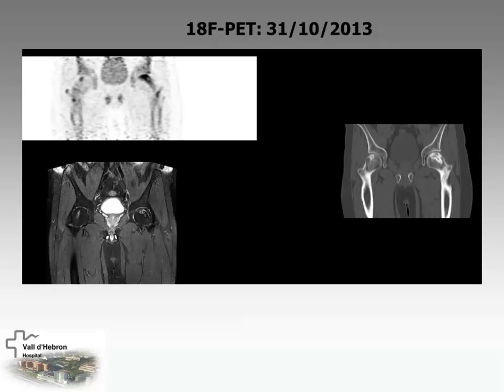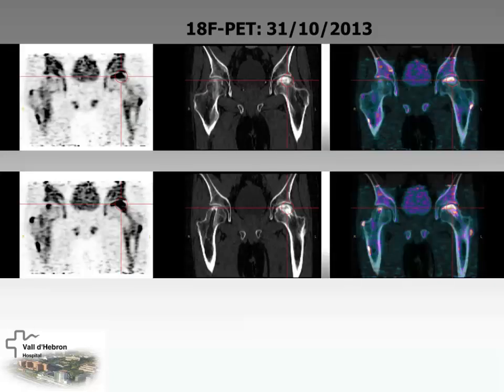Well, here you have a comparison in this image. You have the PET, the CT, and the MRI, and here you have the PET and the CT. And you can see very easily that the bone regeneration on the left hip with the stem cells is much bigger than on the right side, 1 year after the technique.